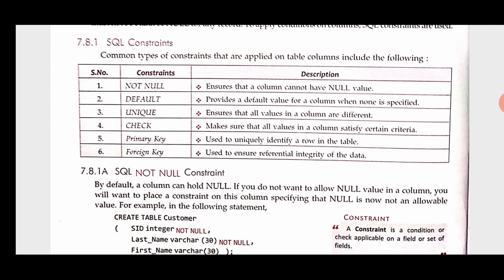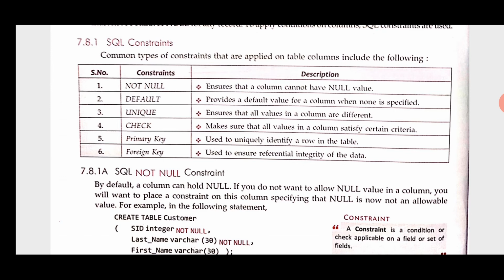Second one, default constraint, provides a default value for a column when none is specified. Third one, unique constraint, ensures that all values in a column are different. Check makes sure that all values in a column satisfy certain criteria.